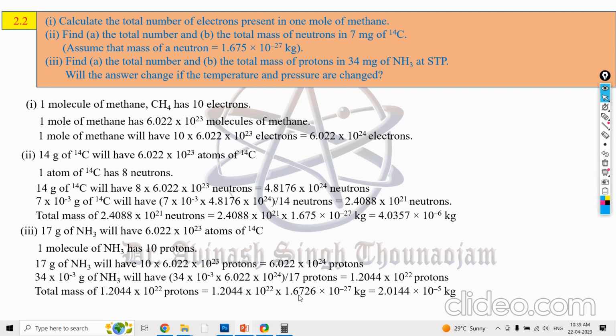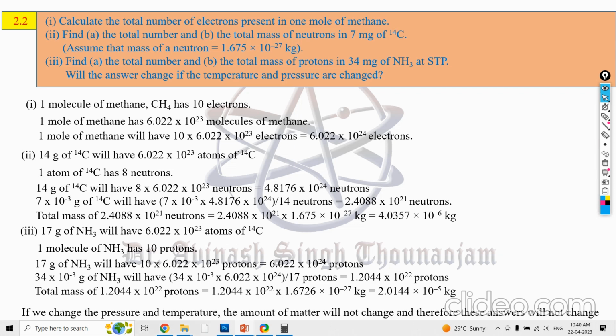The mass of one proton is slightly less than the mass of a neutron and slightly greater than 1 u. So this should have been given in your question, but it is not. I have just used it, and you can find out the mass of these many protons.